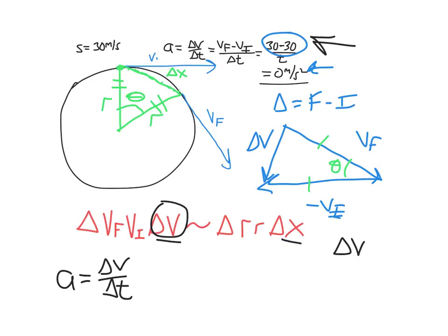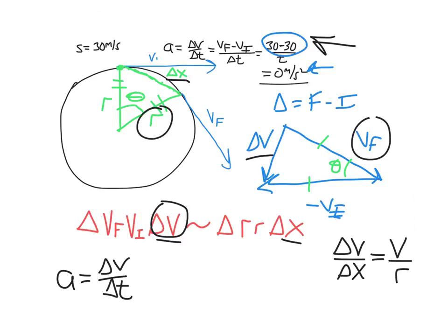Delta v over delta x, the base of one over the base of the other, is equal to v final, which we'll just call v, over one of the legs, which is r. Or we can say that delta v is equal to v delta x over r. And we can substitute that in for delta v over here.